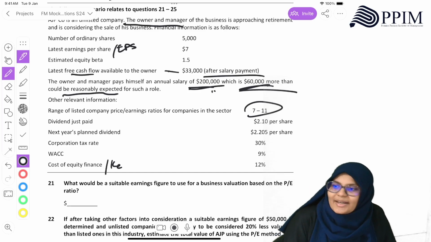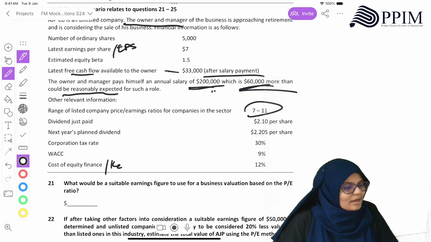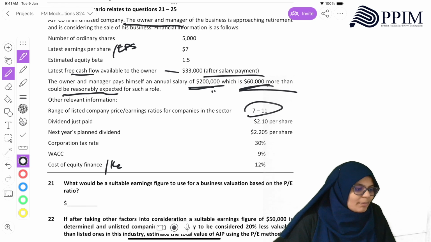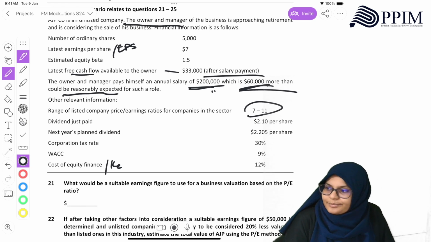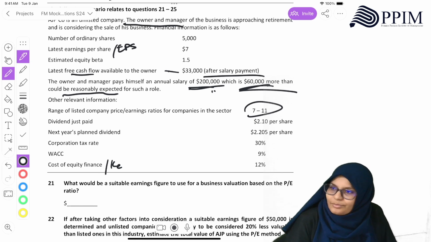Can I use that as the suitable earnings figure? You can't, right? You obviously can't, because that is the latest free cash flow available to the owner after a salary payment.